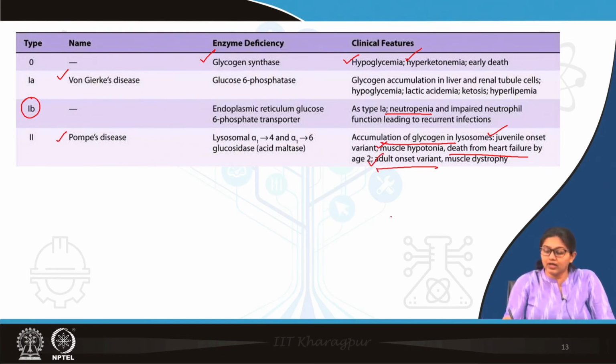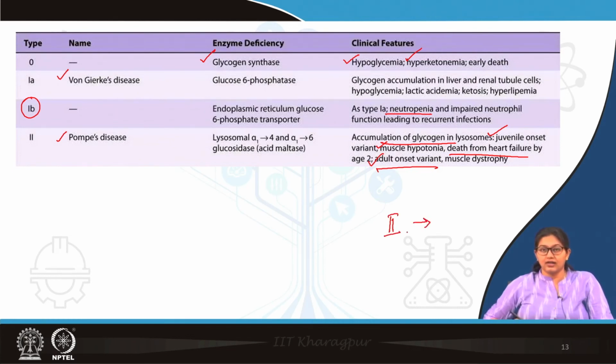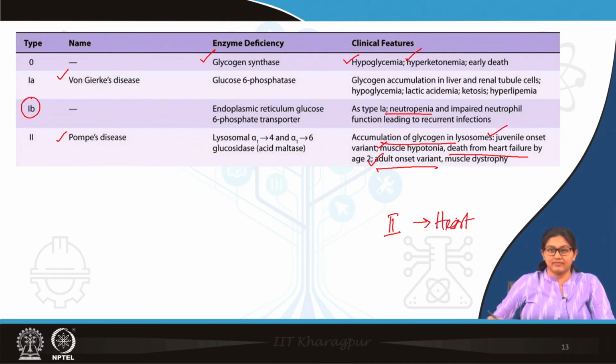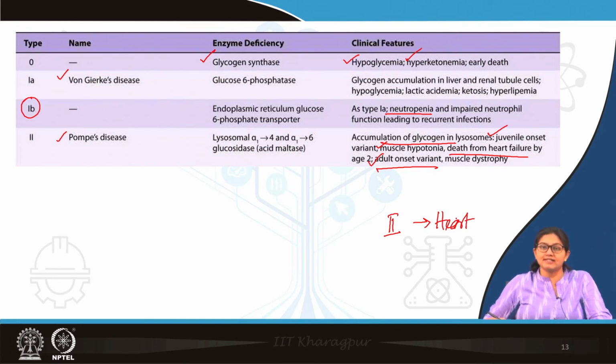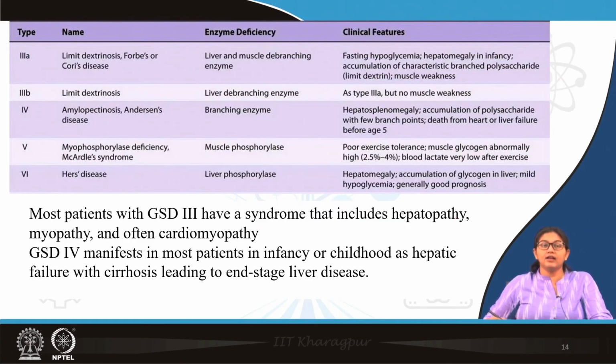So remember once again, type 2, here heart muscle is affected. It is Pompe's disease. Then type 3, 4, 5, 6.